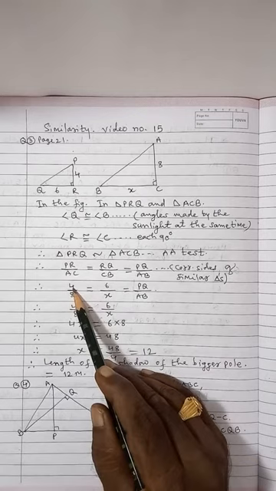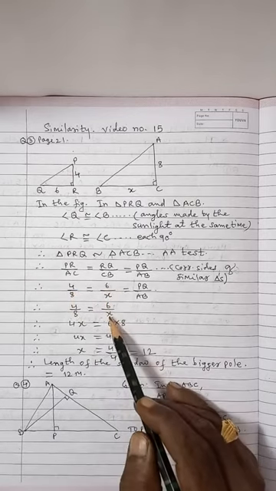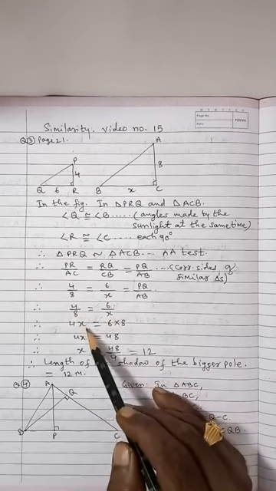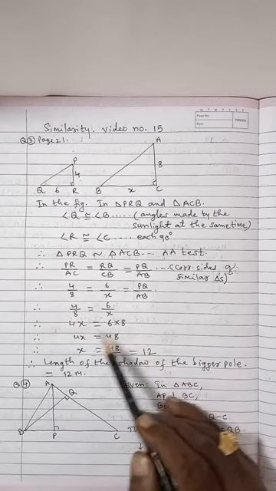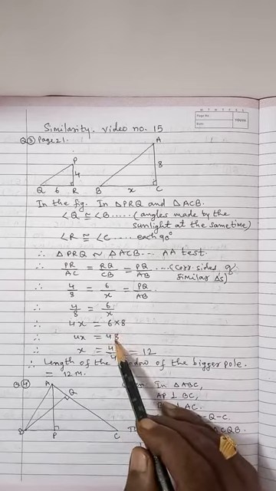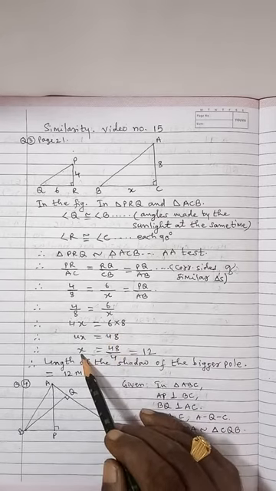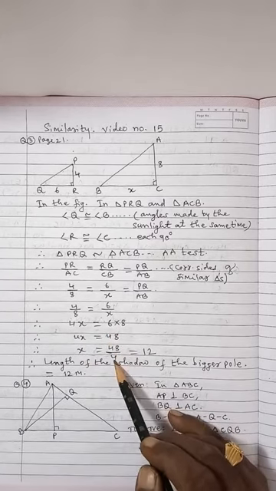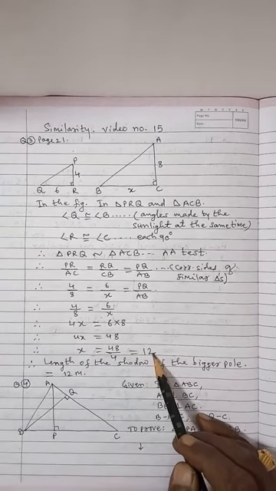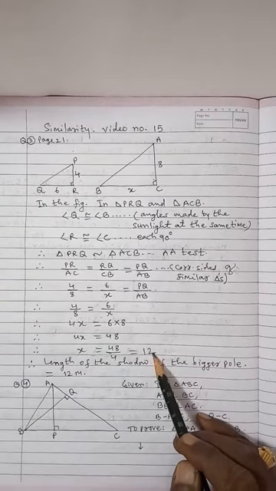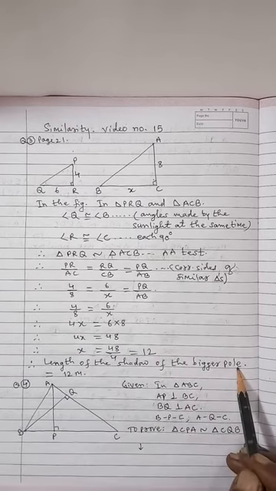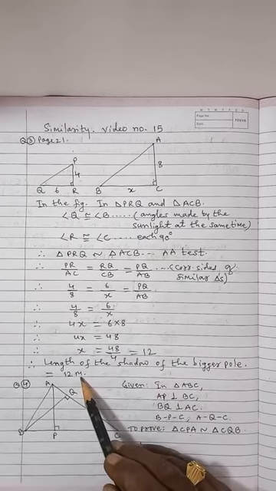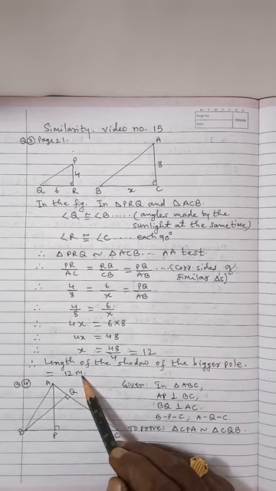So we get 4 upon 8 equals 6 upon X. Cross multiply, 4X equals 6 into 8. 4X equals 48. So X equals 48 upon 4, that gives us 12. So the value of X, what is it? Length of the shadow of the bigger pole is equal to 12 meter.